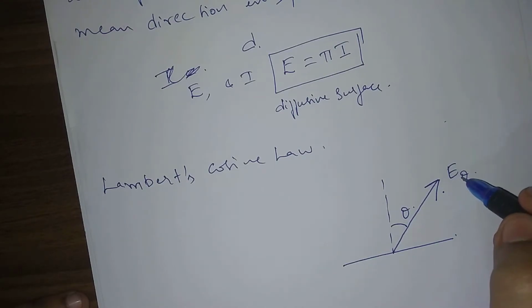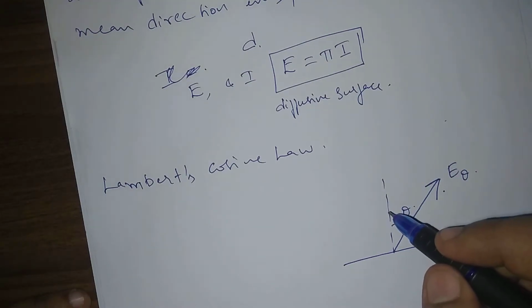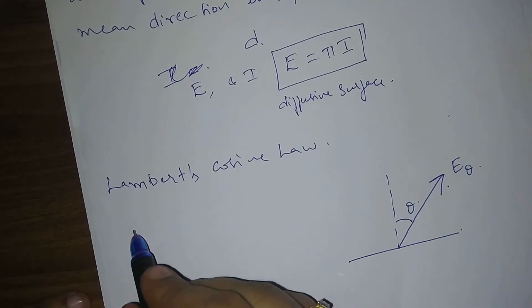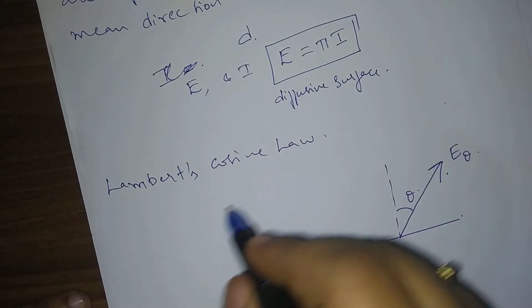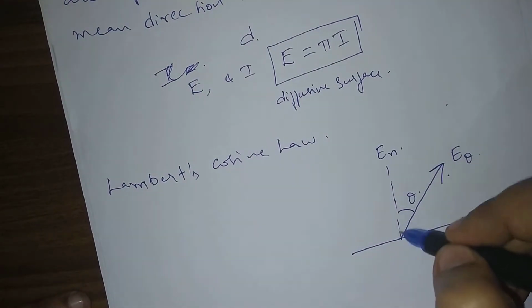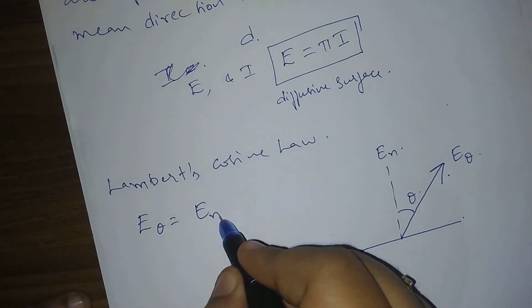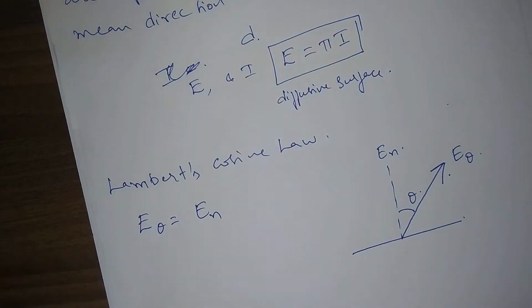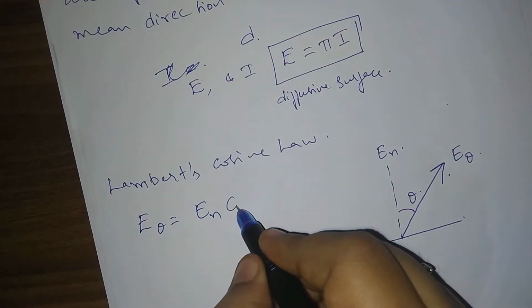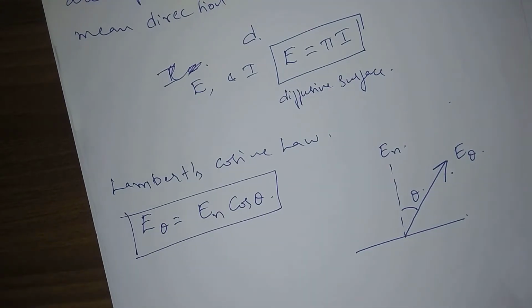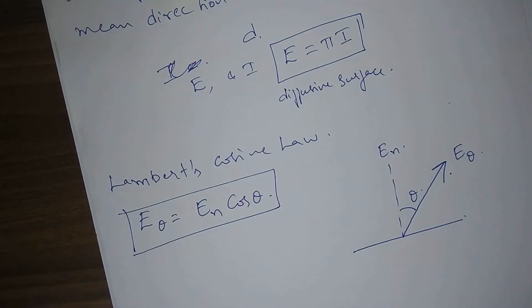What is the emissive power of the radiation emitting at a particular angle with respect to the normal? This is En, that is E normal. So E theta is equal to En cos theta. Your Lambert's cosine law is E theta equal to En cos theta.